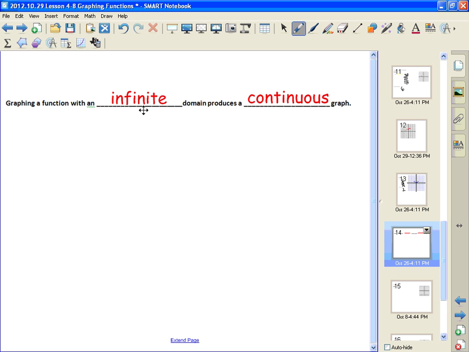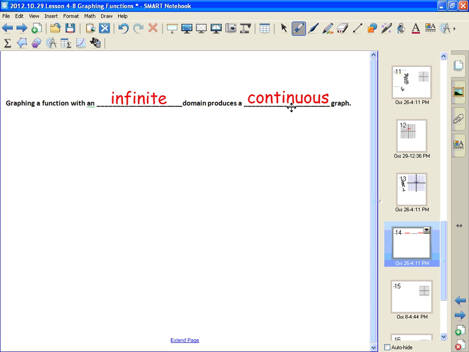Okay, first, what's infinite? Forever. So that means you can use any number, right? If it's infinite, it's because it's all numbers. And what is domain? X. Okay, so it's saying you can use any number you want to for x because it's infinite domain.